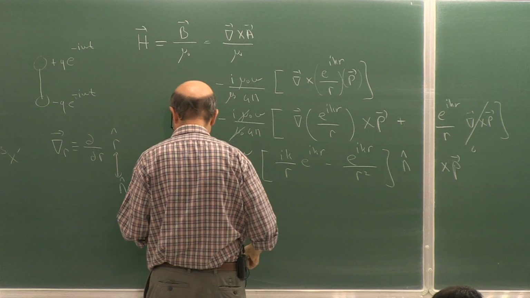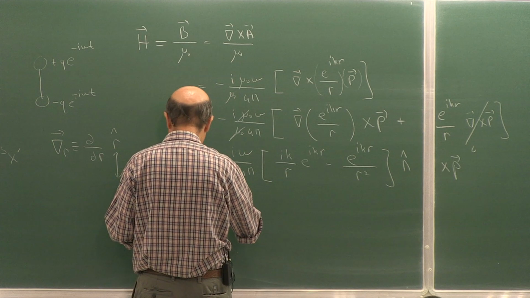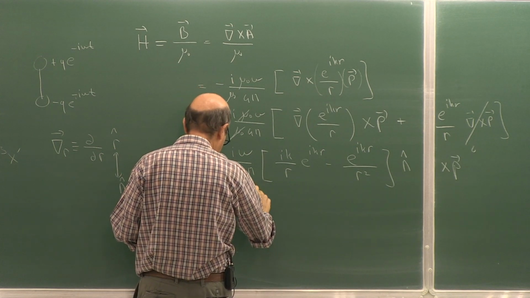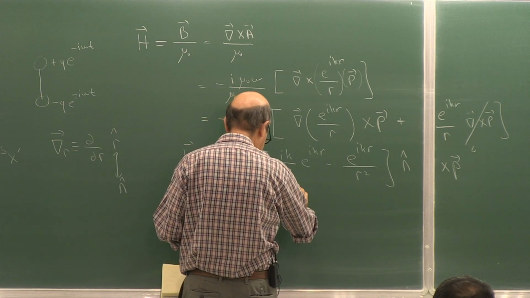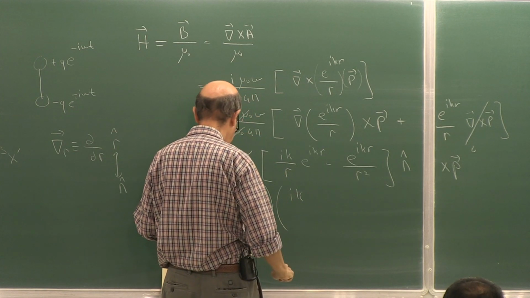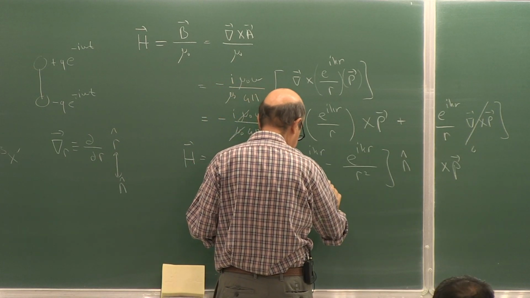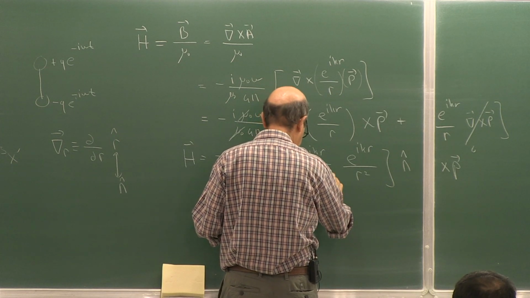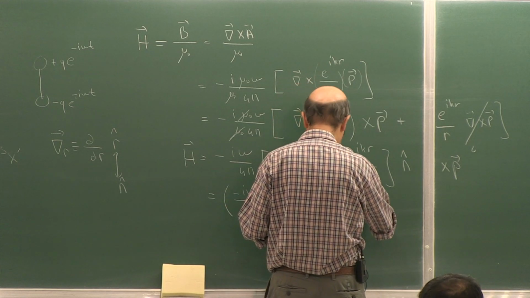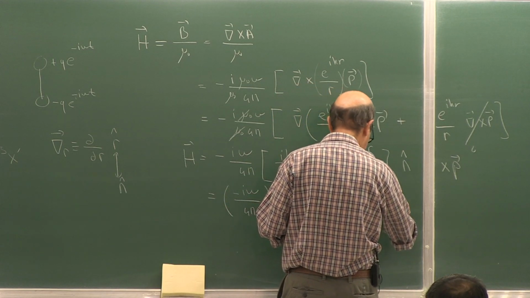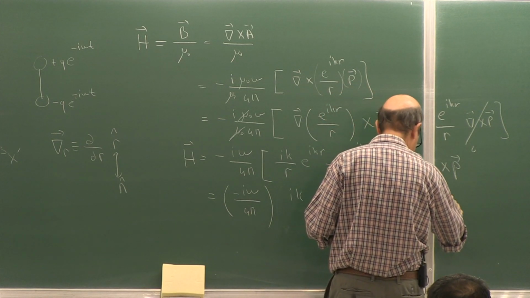Take the ik over r outside the parentheses, so you will obtain minus i omega over 4 pi times ik, times the parentheses of e to the ikr over r, and the rest will be 1 minus 1 over ikr, n cross p.